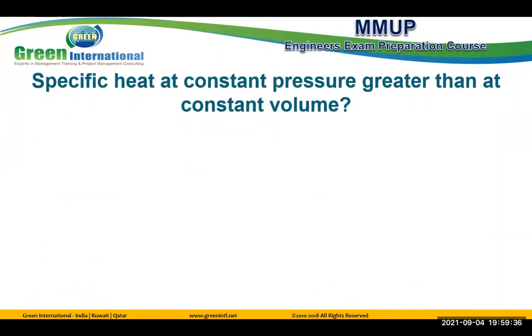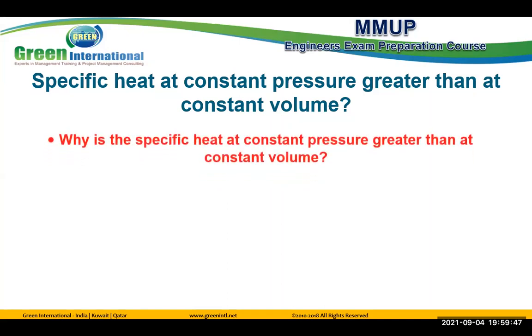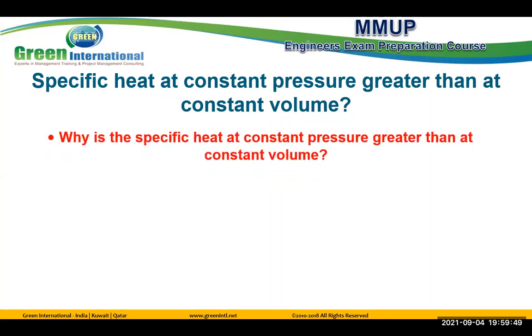Let's see some questions, like: specific heat at constant pressure is greater than the specific heat at constant volume. Cp is equal to 1, but Cv is equal to 0.718. Why? Actually, because for specific heat at constant pressure, we also consider in the calculations that expansion happens.